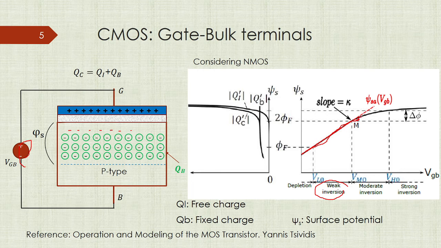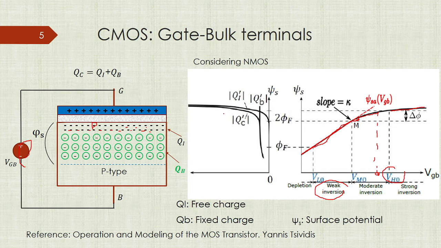The slope will be reduced, because electrons have now been generated moderately. Finally, when we reach a threshold voltage, close to here, a small increase in VGB will produce a large amount of free electron charge. So the surface potential after the threshold will tend to be almost flat.